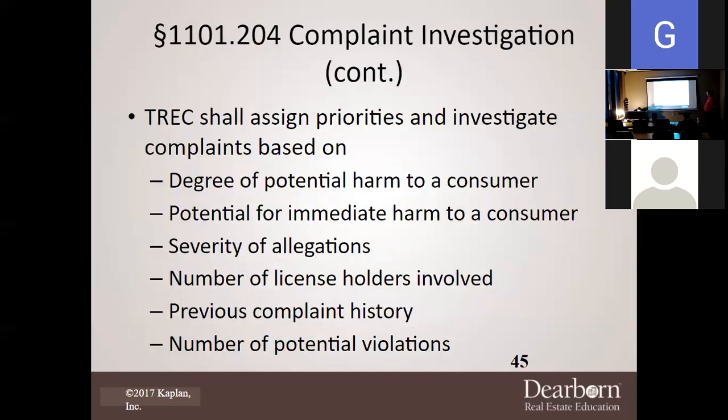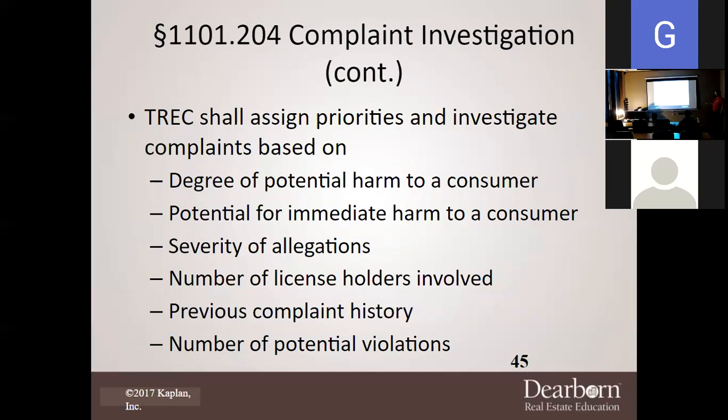TREC shall assign priorities and investigate complaints based upon the degree of potential harm to a consumer. If there's potential or immediate harm to a consumer, or if there are several allegations, that's the one where I get everybody to write up a complaint about Stefan. So all of us in here write a complaint about Stefan. Well, guess what?